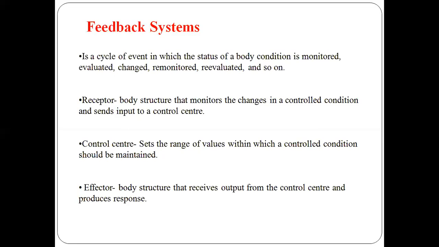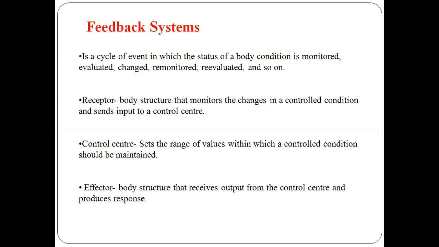This pathway is called an afferent pathway, since the information flows towards the control center. Typically the input is in the form of nerve impulses or chemical signals. For example, certain nerve endings in the skin sense temperature and can detect changes, such as a dramatic drop in temperature. The next one is a control center.